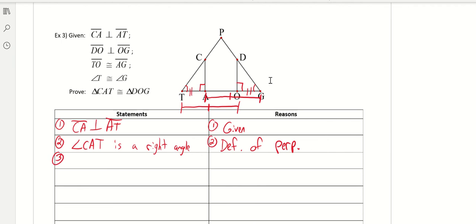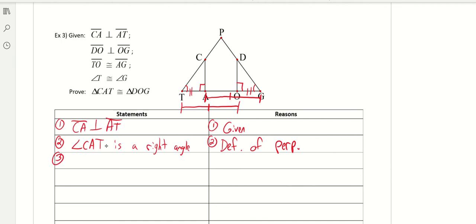And again, if you bundled your given information together, that is okay. I like doing it this way because how did I know CAT is a right angle? Well, I built it off of CA being perpendicular to AT. So whenever I'm drawing a direct conclusion from something like I do here in 1 and 2, I like to have my direct conclusion come right after that information I'm building from.